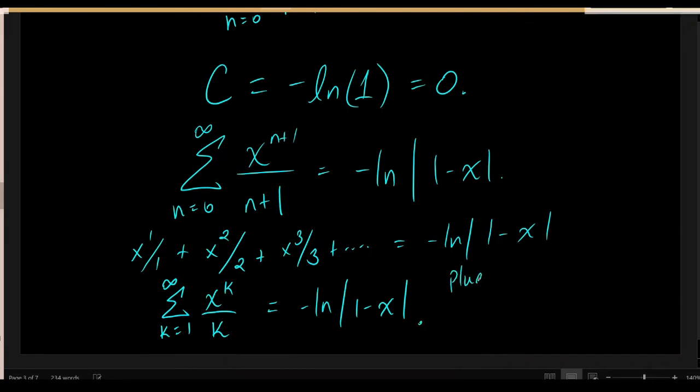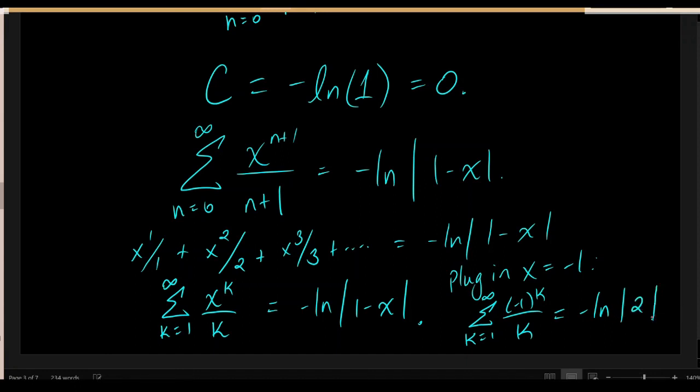So let's plug in x equals negative 1. On the left-hand side, we now have the sum from 1 to infinity, negative 1 to the k, divided by k. Plug it in on the right side, and we have the absolute value of 1 minus negative 1, which is 2. And with that, we have proved that this formula is true.